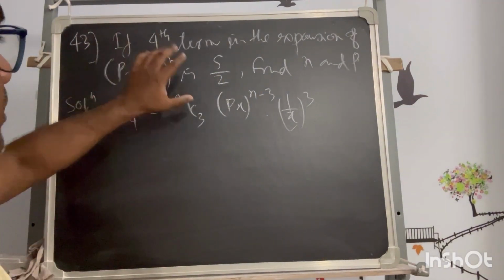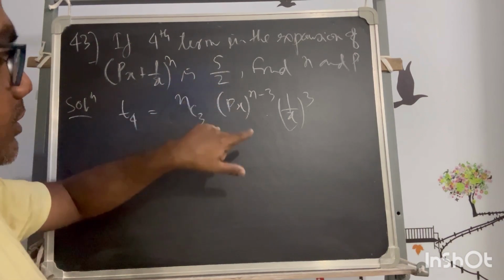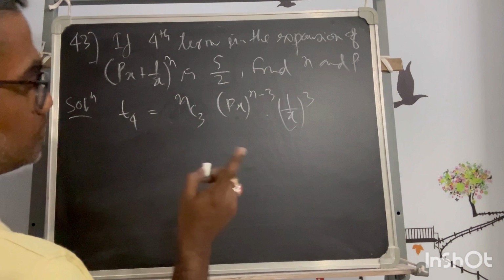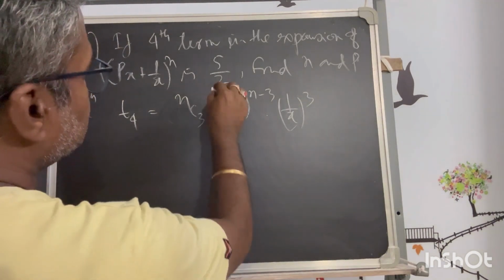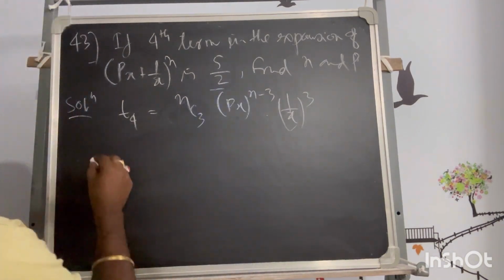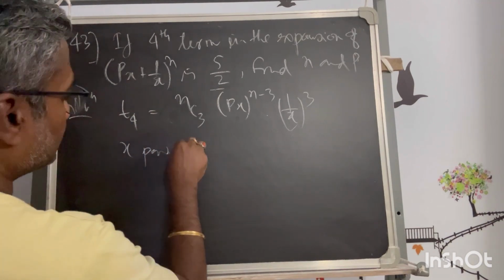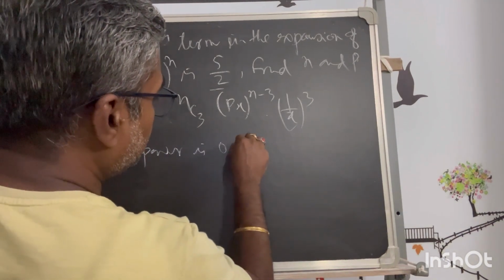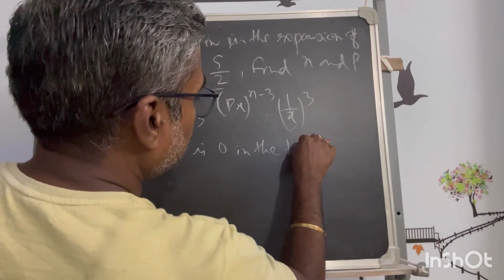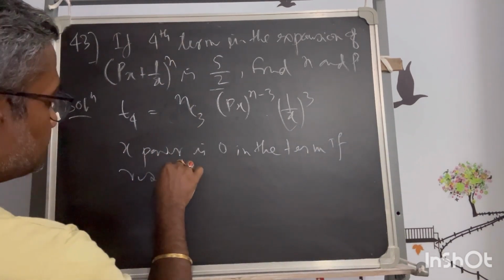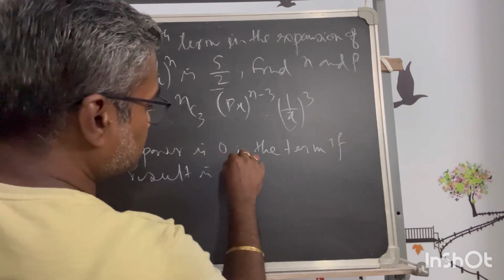If the total term is said to be a constant, then definitely there is no variable. So we can say that the x power is 0 in the term if the result is constant.